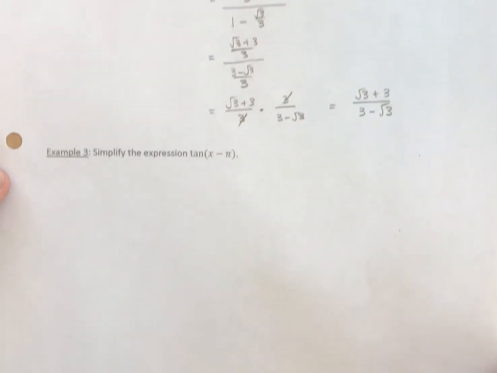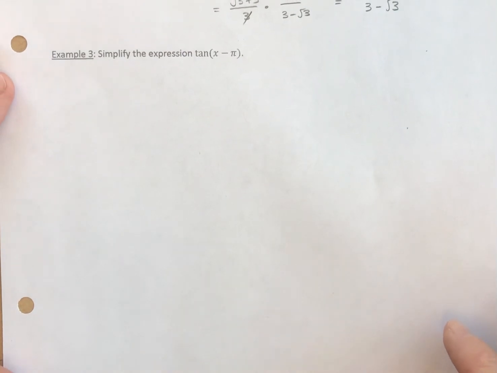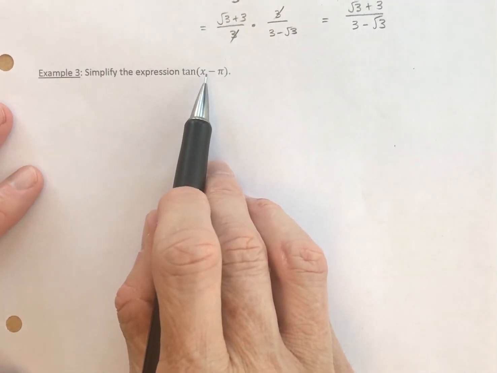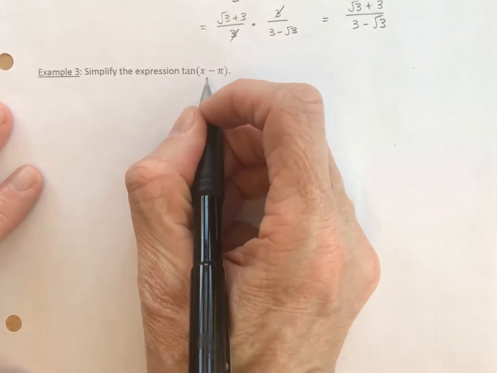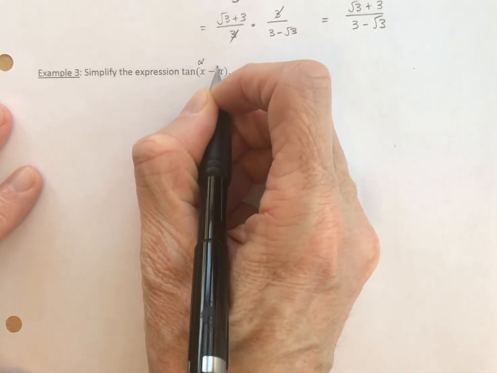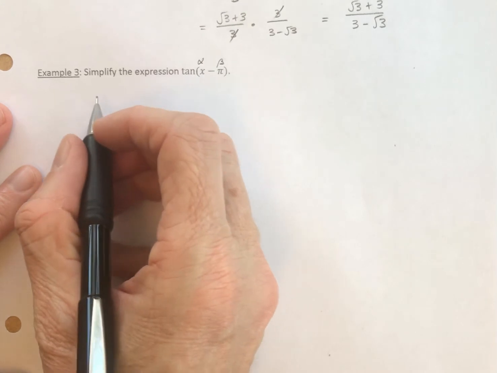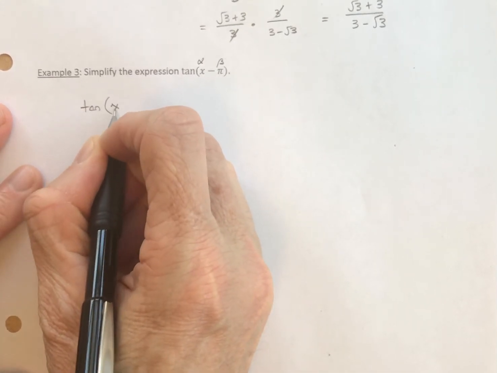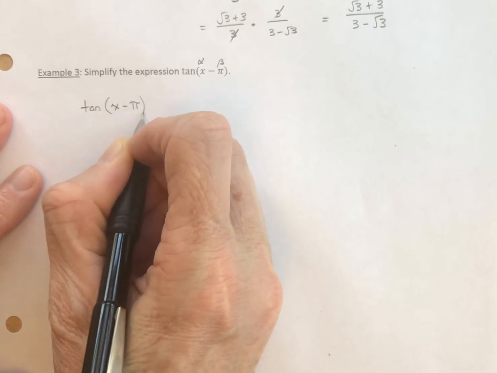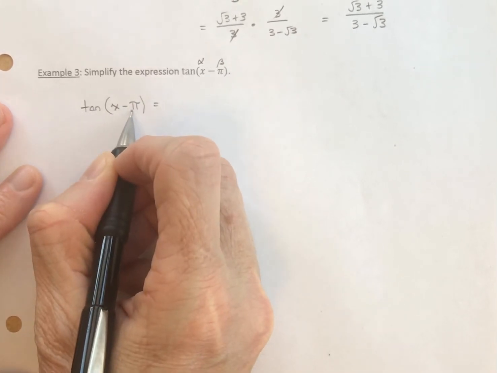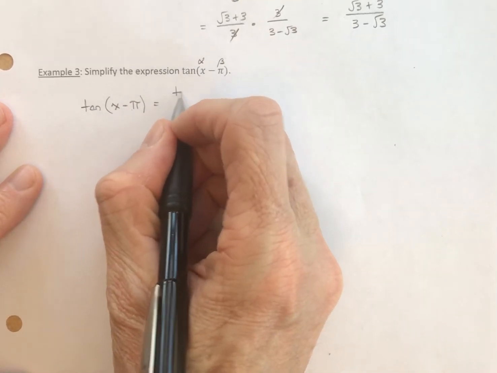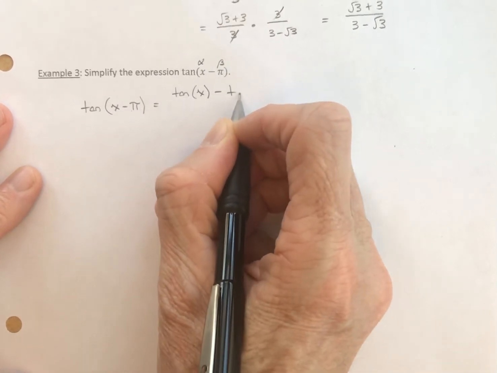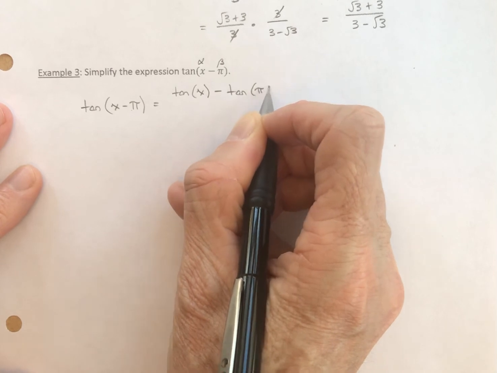Okay, let's do one more example, then we'll be done. We want to simplify this expression, the tangent of x minus pi. Well, this is alpha and this is beta. So the tangent of x minus pi is equal to the tangent of x minus the tangent of pi.